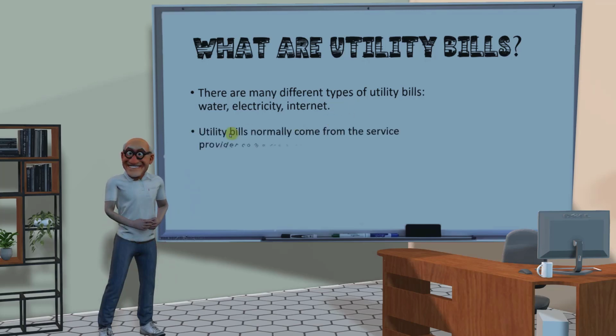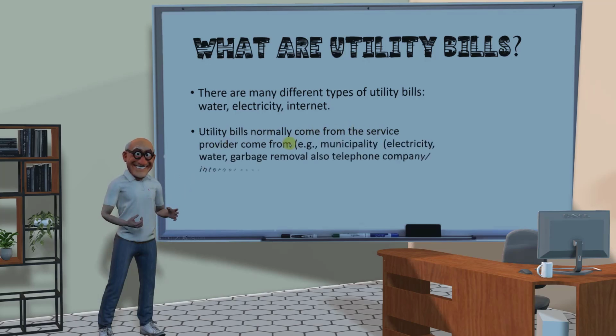The utility bill normally comes from the service provider. For instance, your municipality. For electricity, water, garbage removal, telephone company, internet supplier. There's just so many, hey, where these things can come from, guys. It is just unbelievable, really it is. But the basic thing that you must remember is it's normally for the electricity that you're using, and of course for the water that you're busy using.